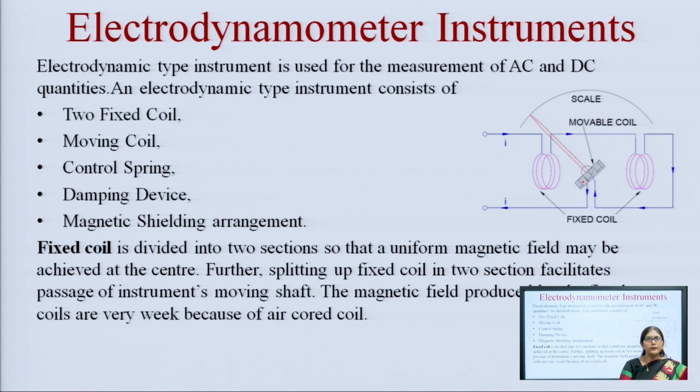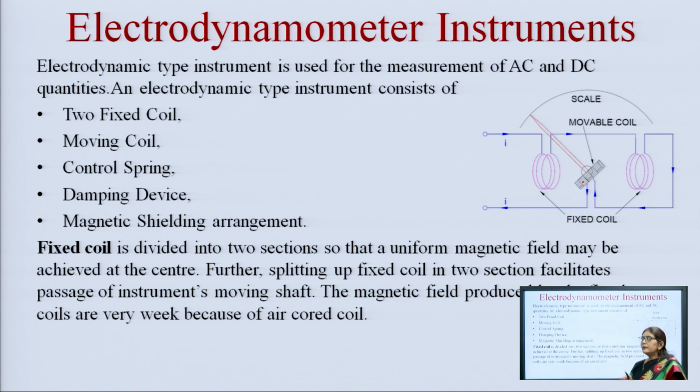Any electrodynamometer type instrument consists of the following parts: two fixed coils, a moving coil, a control spring, a damping device and a magnetic shielding arrangement. As we see in the diagram, it has two fixed coils, and in between these two fixed coils there is a moving coil, and the pointer is attached to this moving coil.